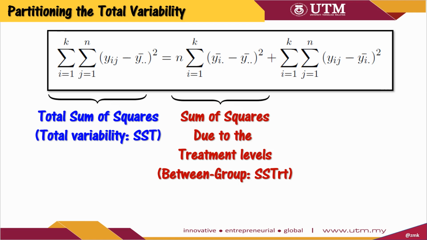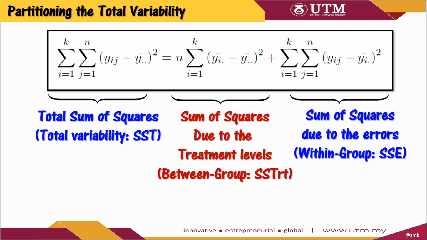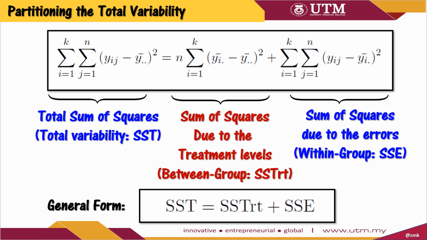The second is the sum of squared departures of the individual observed values from the estimated level mean, which we call the sum of squares due to errors, or within group sum of squares denoted by SSE. In short, generally we have SST equal to SSTRT plus SSE.